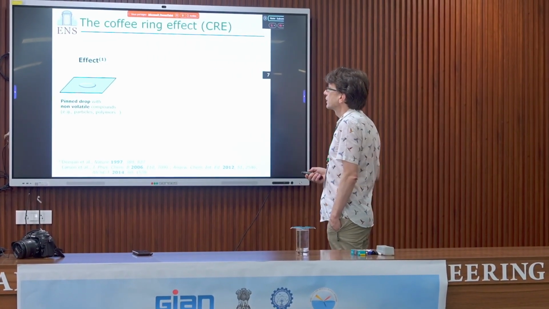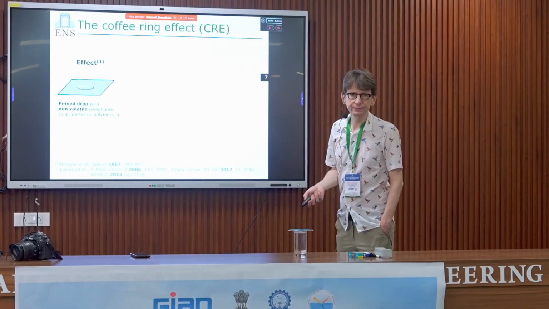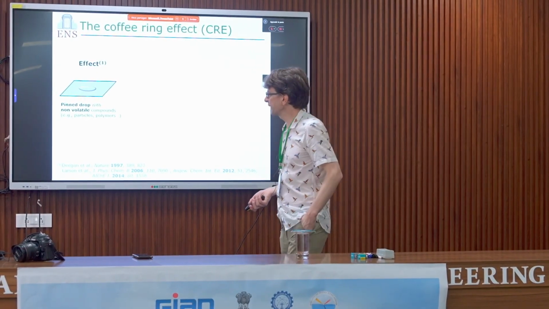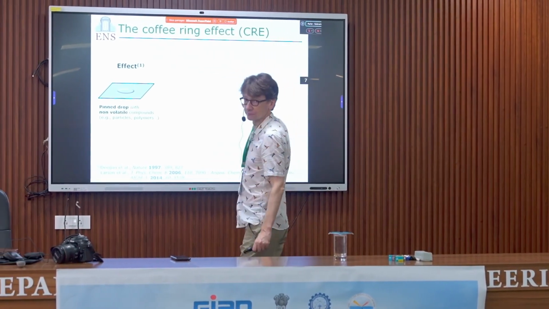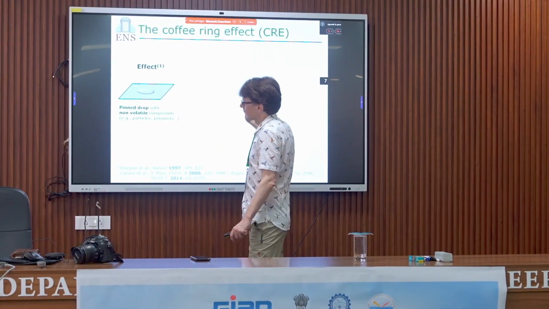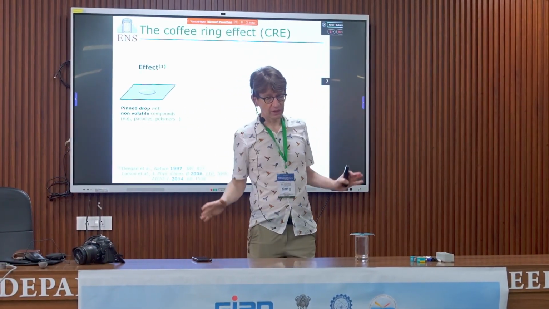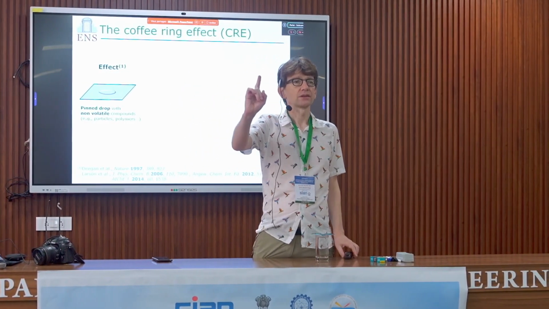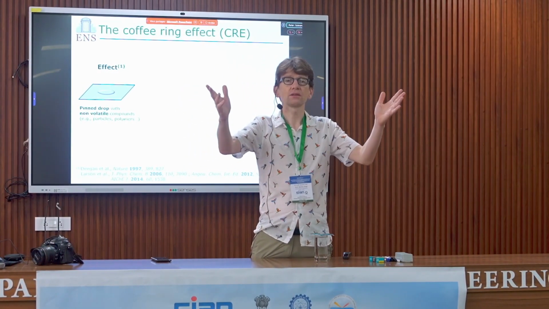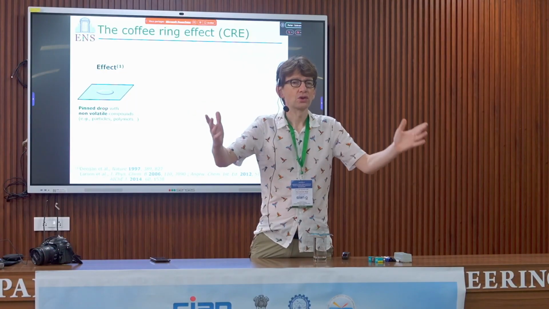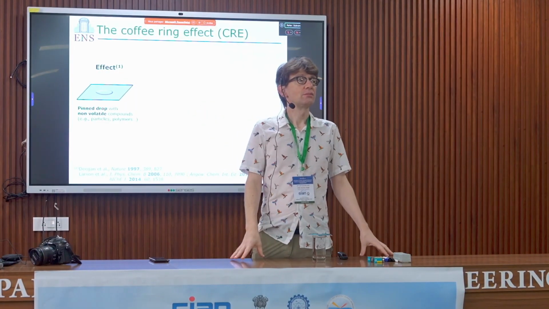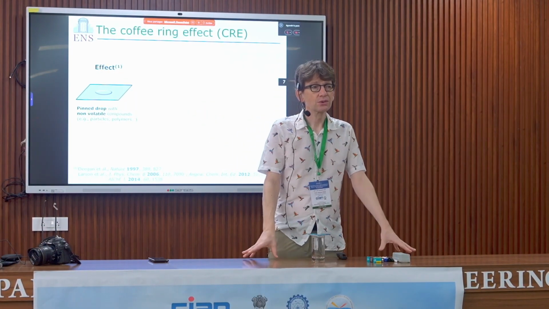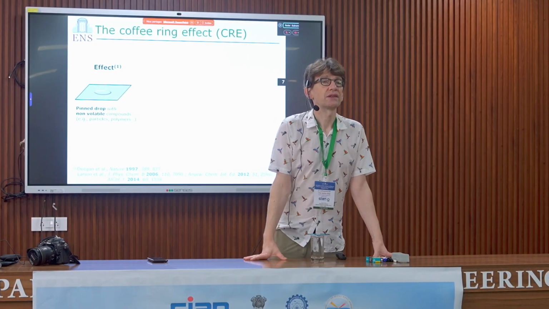So I'll start with the famous coffee-ring effect. For the coffee-ring effect, you need one ingredient, since you did some hands-on. So what is the most important component you need to get the coffee-ring effect?